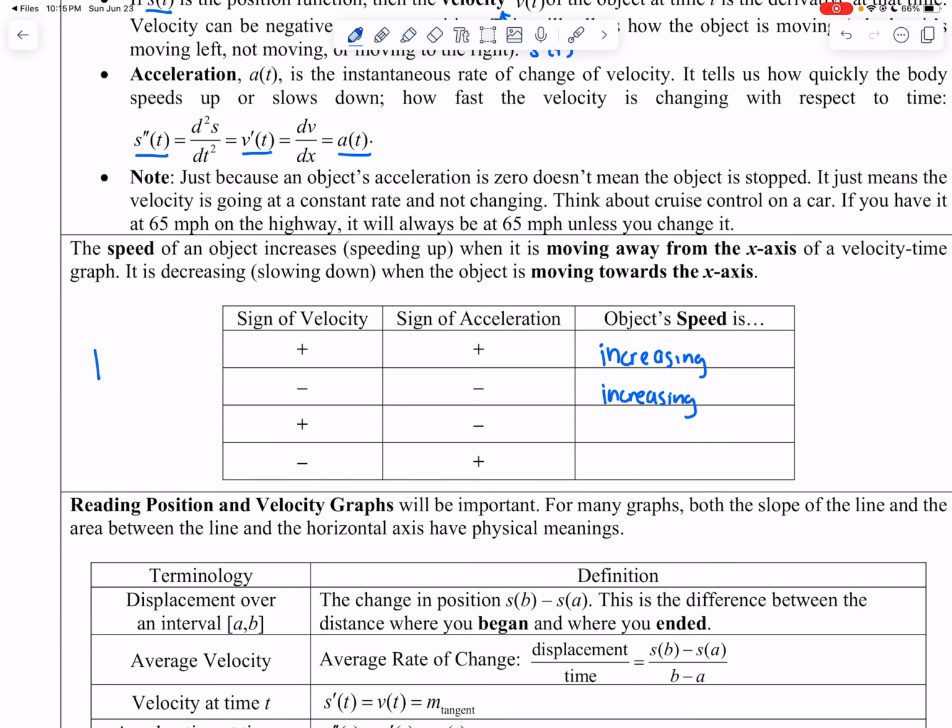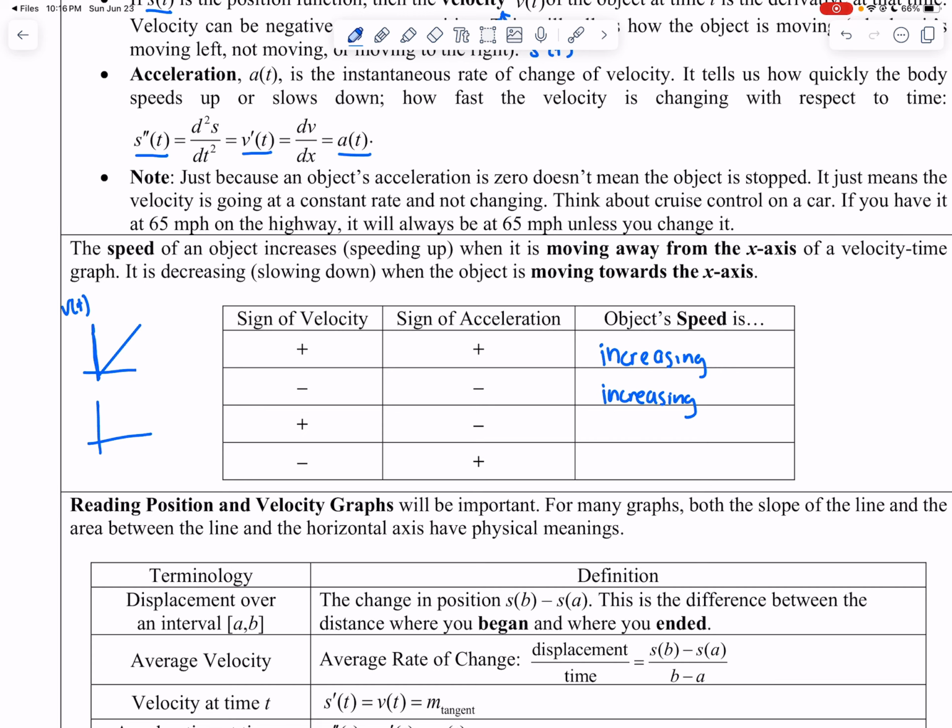So here, let's say that this is my v of t graph, right here. Notice how velocity is positive, and if I have a positive slope, this is going to tell me that acceleration is also positive. So notice how it's moving away from the x-axis here in this example.